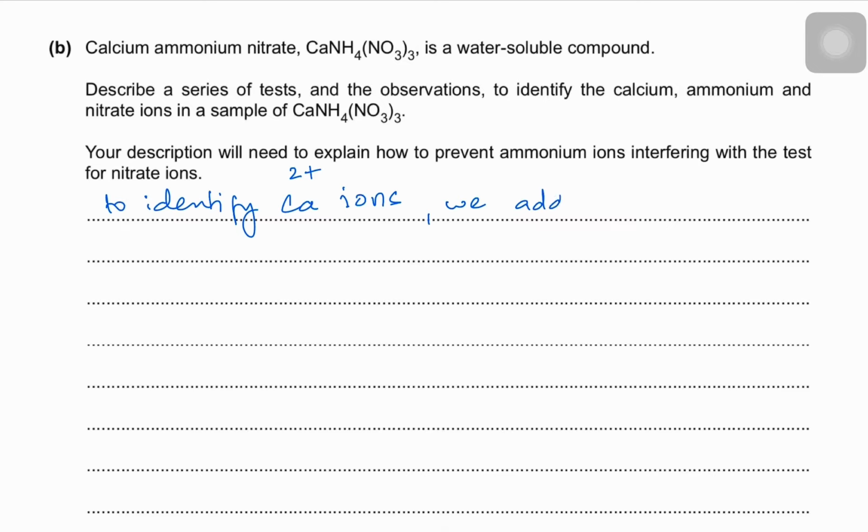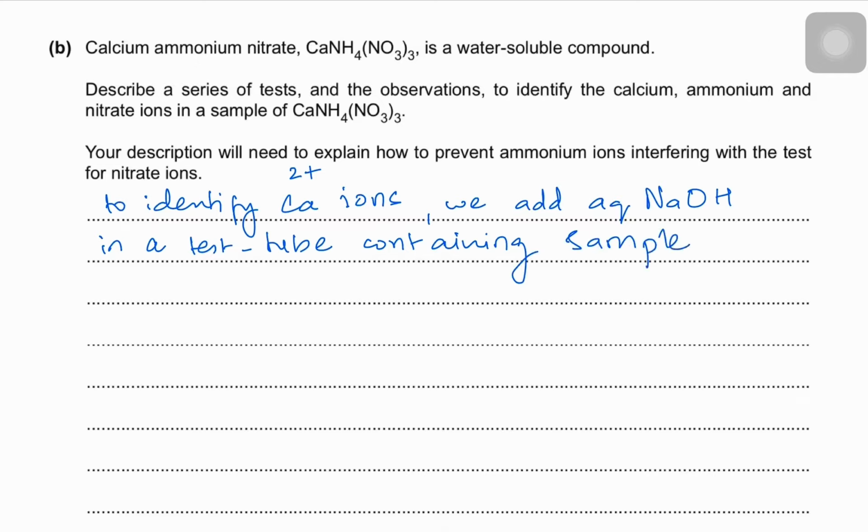We add aqueous sodium hydroxide in a test tube. You need to talk about the apparatus first. So in a test tube containing the sample, you do not add the reagent into the main sample.